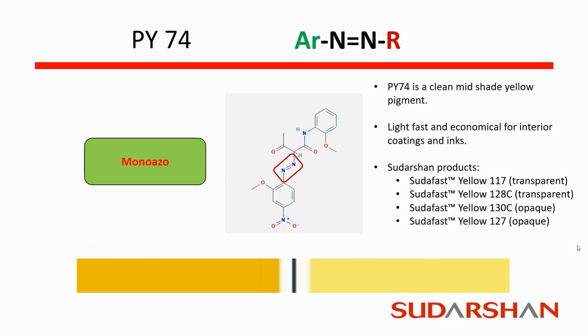Based on the particle sizing, they can be both transparent and opaque, and depending on your requirement, the opaques can be more stabilized so that they have long-term stability in the crystal itself, which is our newest entry, our Sudafast Yellow 130C.